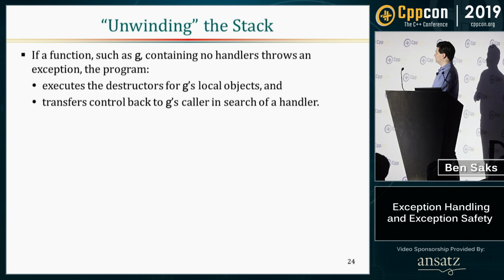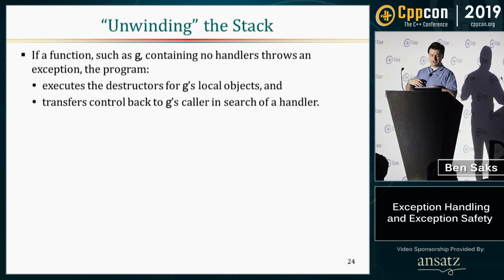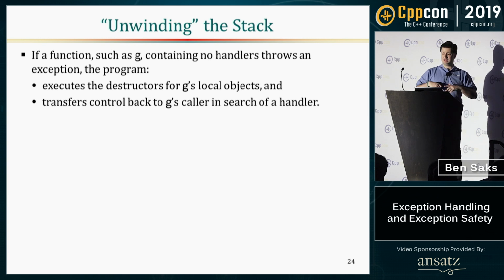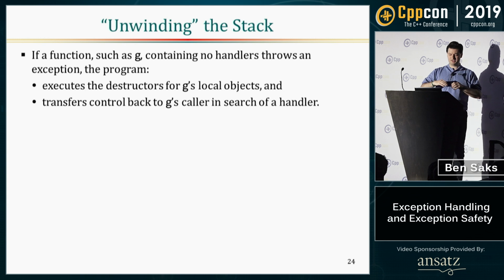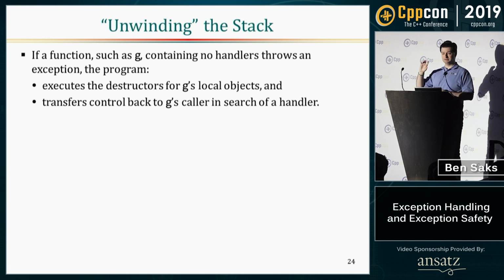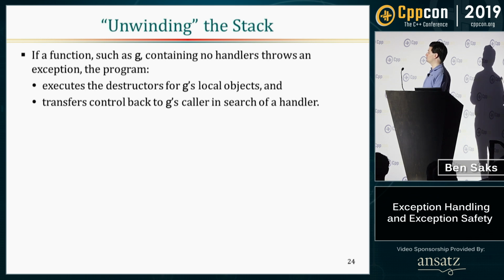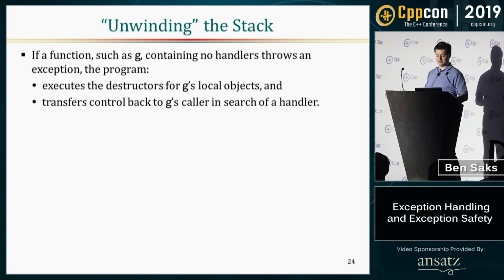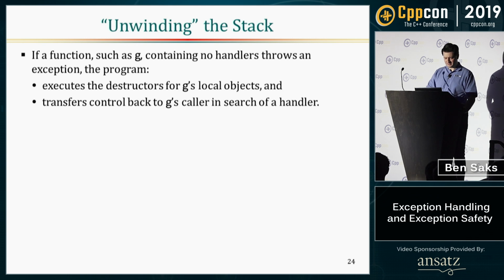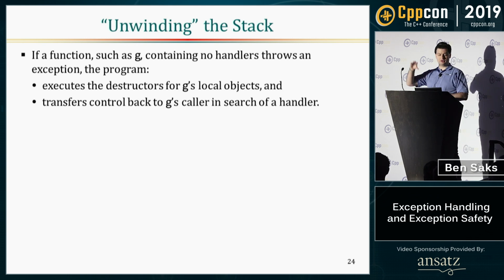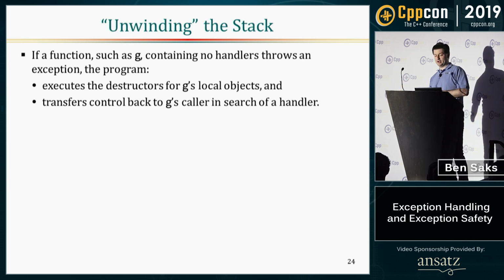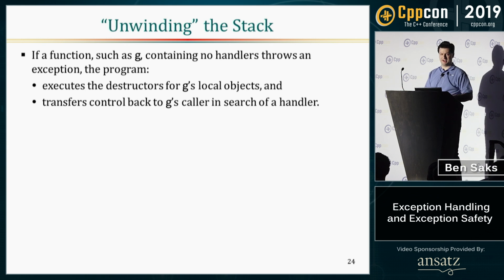So, in general, the rule is this. If you have a function like G that doesn't have any handlers in it and it throws an exception, the first thing that happens is that all of the local objects within G, any local variables, are destroyed, which usually means they have their destructors run. And then, once all the local objects are destroyed, the program searches back up the call chain.